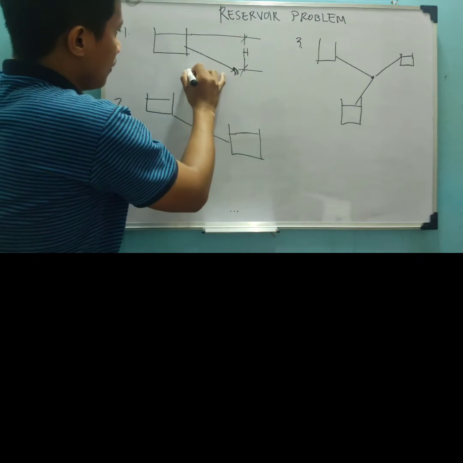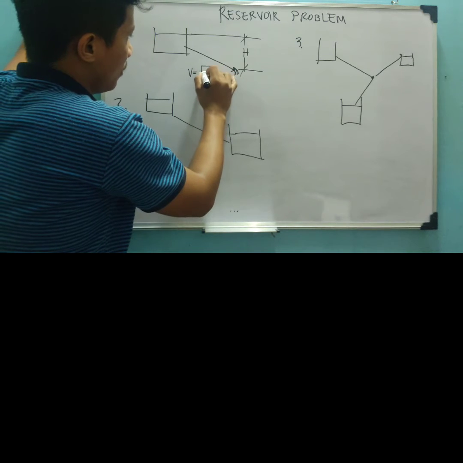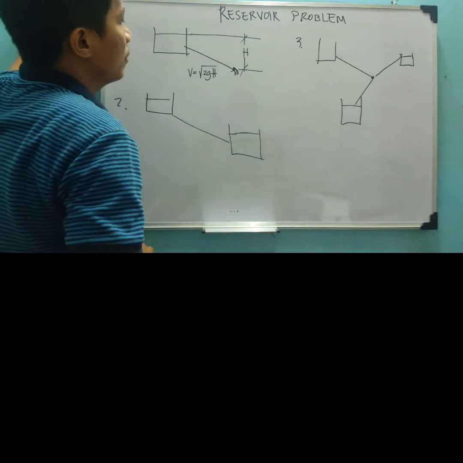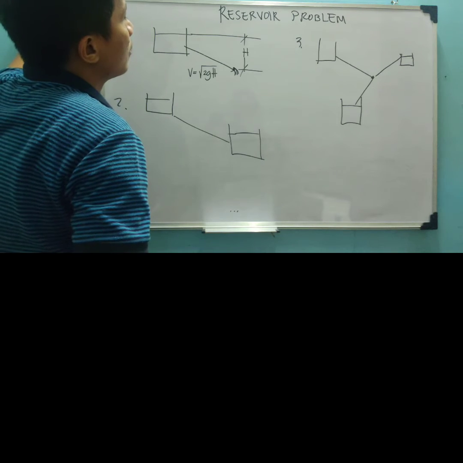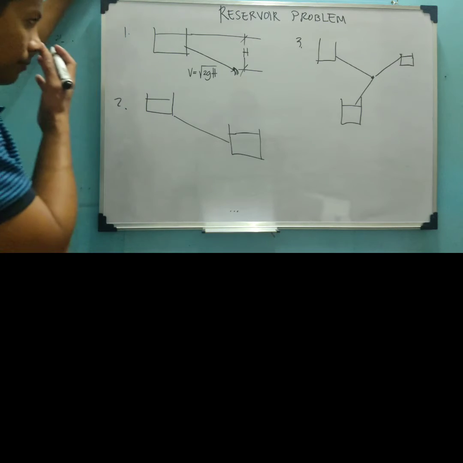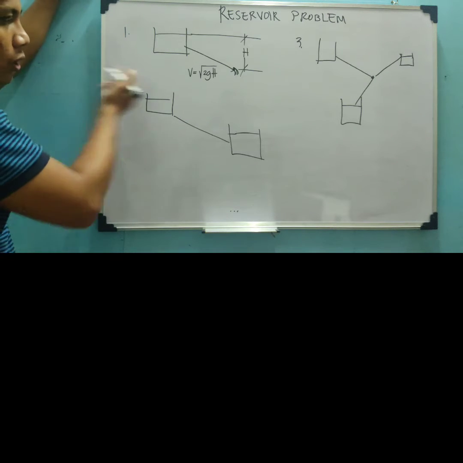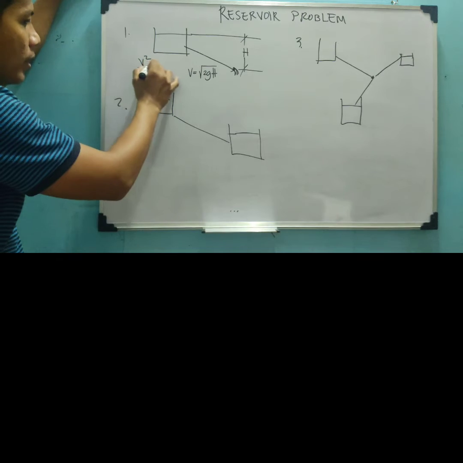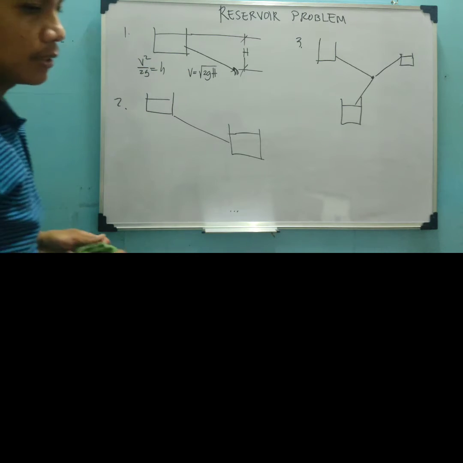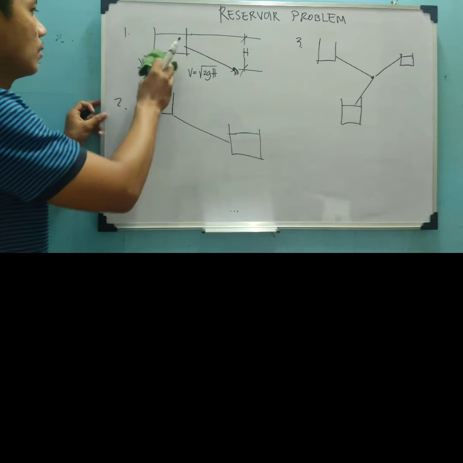So, the velocity is equal to the square root of 2gH. It just comes from v squared over 2g equals H. Right? That's where it comes from.